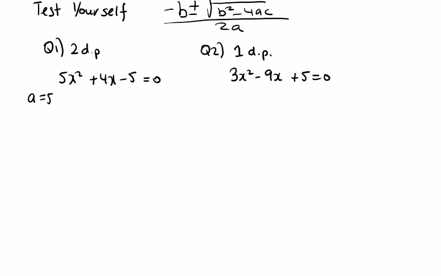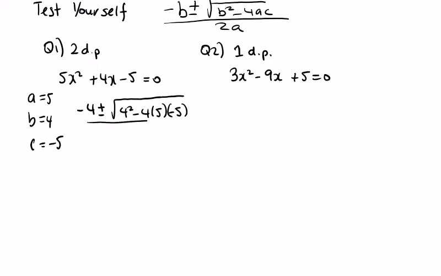A is equal to 5. B is equal to 4. C is equal to minus 5. When you get really good at these, your calculator will do all of the work for you, but normally we'll show a couple of stages. So we have minus 4 plus or minus the square root of 4 squared minus 4 by 5 by minus 5. And again, if we get a negative sign inside there, we've done something wrong, over 2 times a, which is 2 times 5.